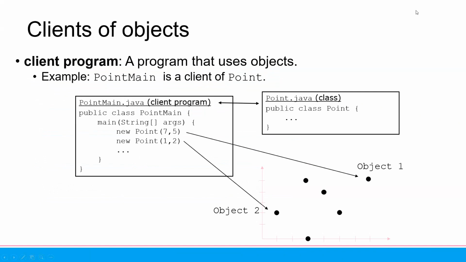Because now we are going to create objects. What is an object? For every point, this is one object. If I have another point, this is another object. This is another object. This is another object. This is another object, and this is another object. So in total, how many objects do we have?